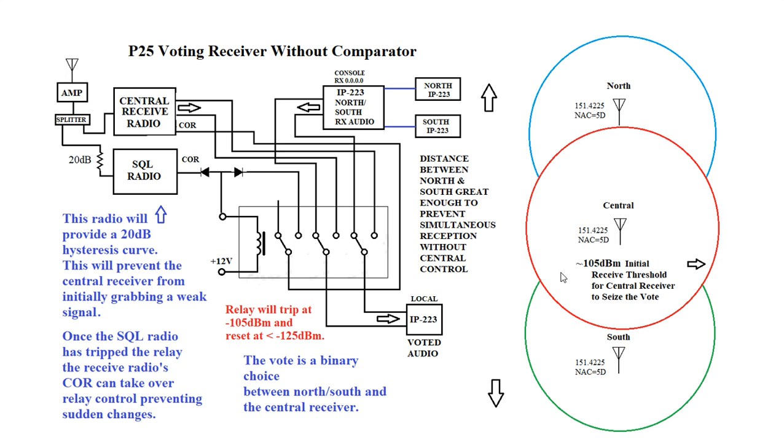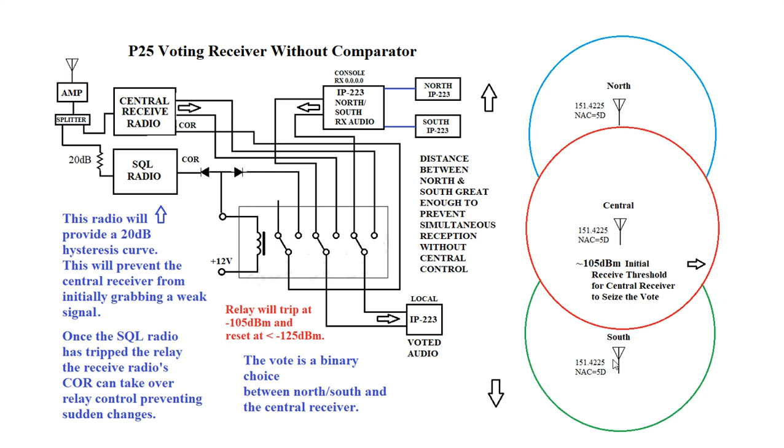Anytime a unit keys up anywhere within the central area here, he's going to trigger a relay that locks the audio down from this site only. When it's less than this trip point of the central receiver, it automatically will go to the other two.